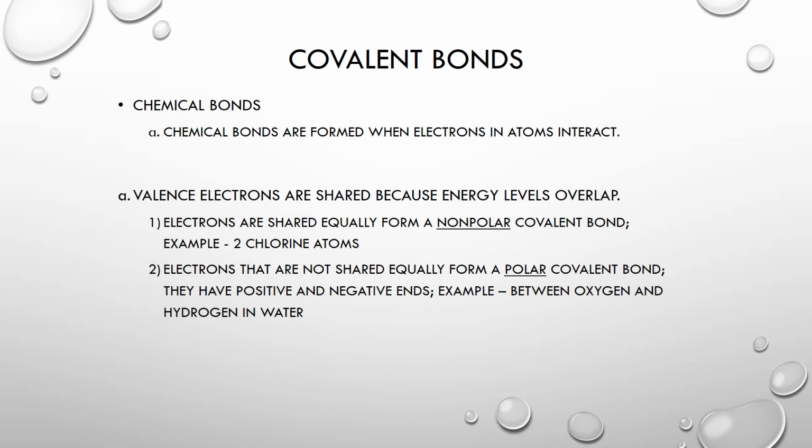Oxygen and hydrogen in water are a great example, where oxygen tends to be the more negative end and hydrogen tends to be the more positive end. An example of this in other terms is when one kid bullies another and plays with more toys, okay? Oxygen is going to be the bully and is going to play with more of the toys, or electrons, than hydrogen would.